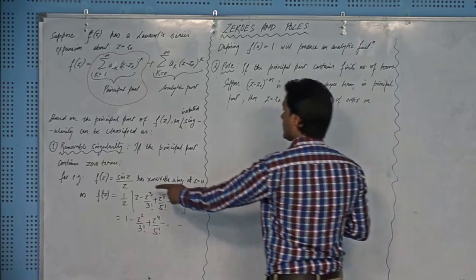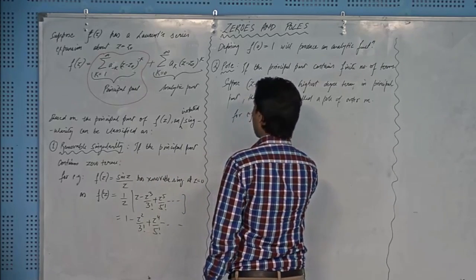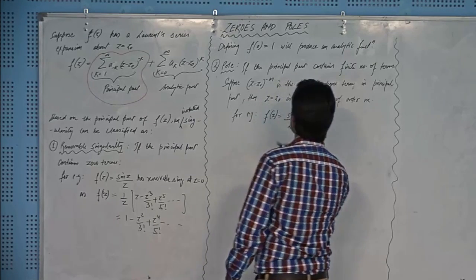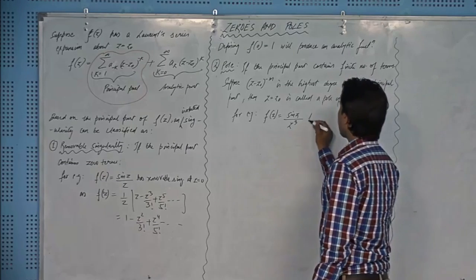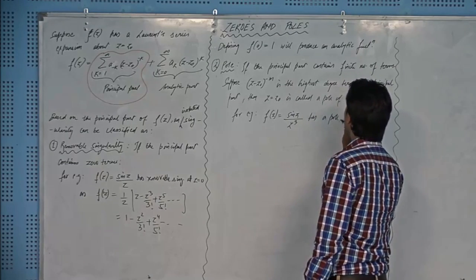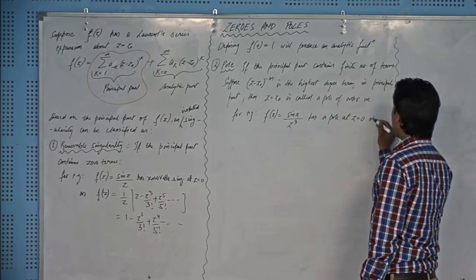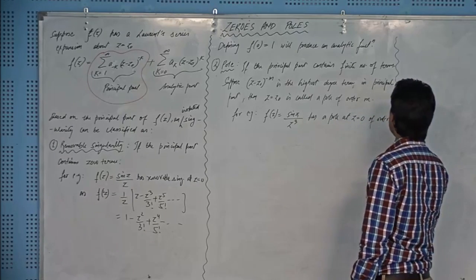I will take this example again, and on doing some manipulation, I will get f(z) equal to sine z over z cube, right? So I have taken z cube as a denominator, and we'll see that it has a pole at z equal to 0, obviously, of order 2, right?